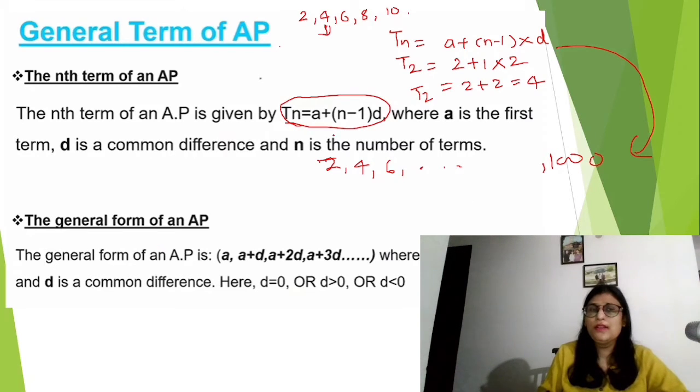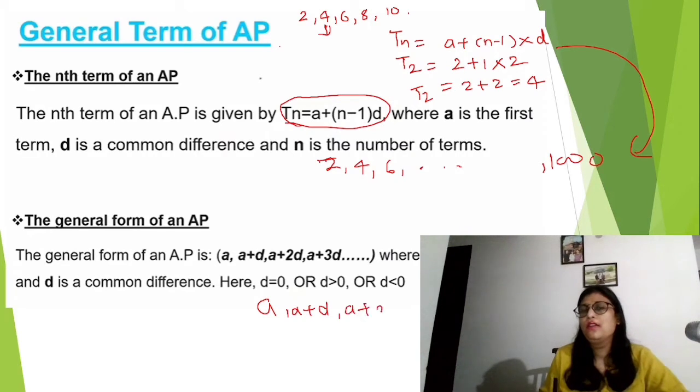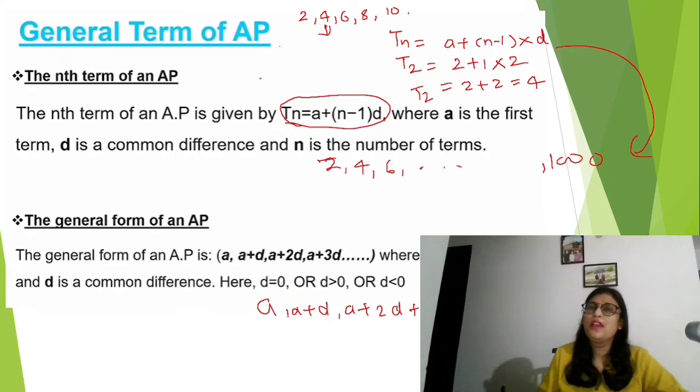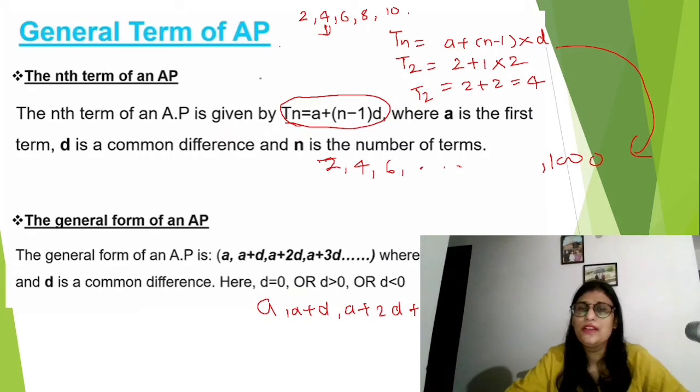And what is the general form of an AP? It could be a, a plus d, then a plus 2d, then a plus 3d. So this is the general form of an AP, where d is the common difference and a is the first term of that series.